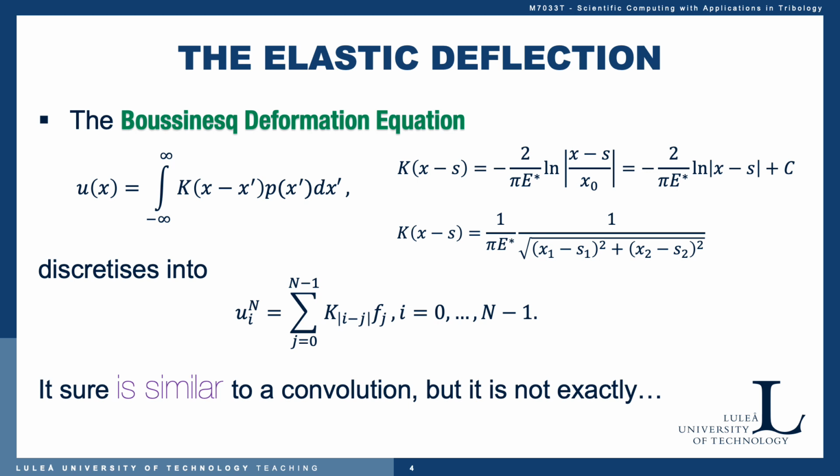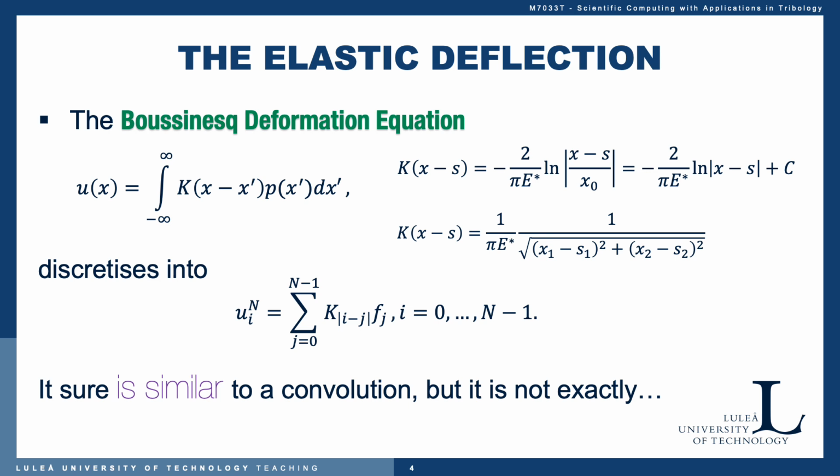We can define K in 1D and we can define K in 2D like this. Then we have to generalize the thinking a little bit in 2D when we write x minus s, and therefore I have used boldface x and s because they are not just one directional now, they are vector valued.